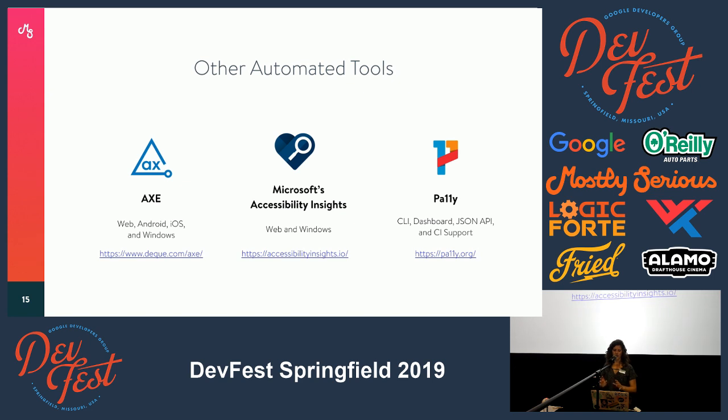I really like Microsoft's Accessibility Insights. It's a new thing. I think I only heard about it 4 or 5 months ago, but it is everything. So Chrome's tool is a little bit lightweight, which is nice when you're starting out. But if you want to make sure that you've got everything, this thing is awesome.